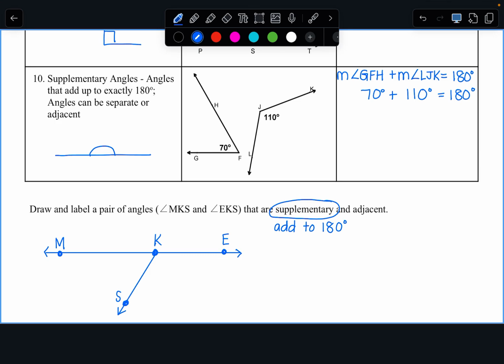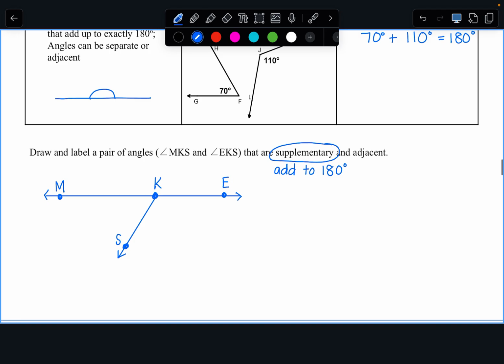KS is the ray that they have in common, and these two angles add up to 180 degrees. K is going to be your vertex, because it's in the middle of both angle names.